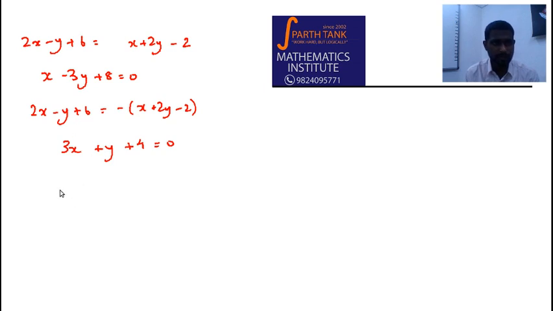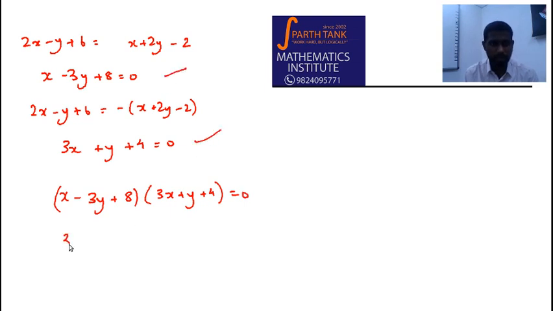Now the final answer, you have to give it in the pair of straight lines form. So multiply this and this. These are the two angle bisectors, remember. When you multiply, I get 3x squared. What about the xy term? xy minus 9xy is minus 8xy. What about the y squared term?